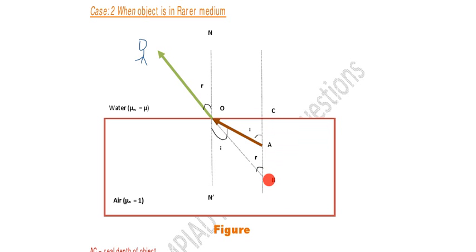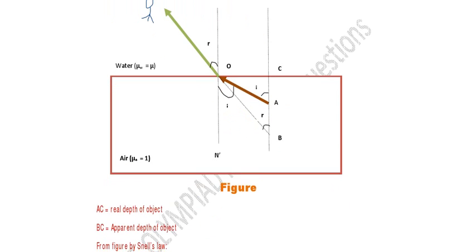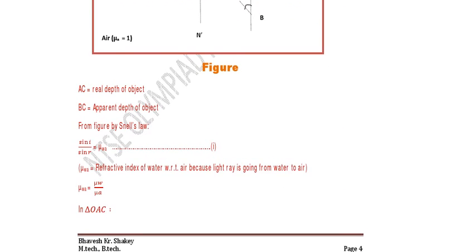BC is the apparent depth of the object, and AC is the actual depth of the object. Okay, so let's see a calculation. In this calculation, AC is the real depth of the object, and BC is the apparent depth of the object.